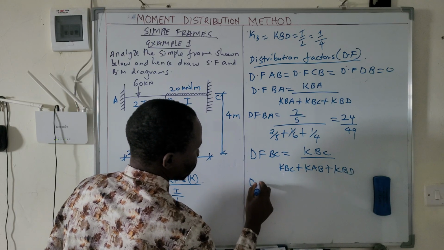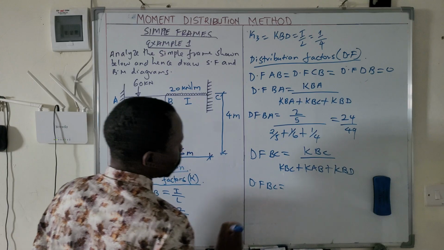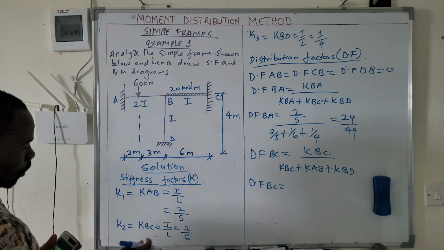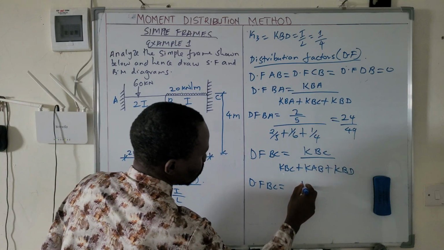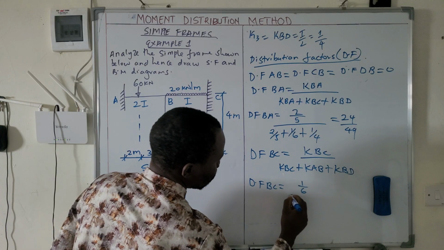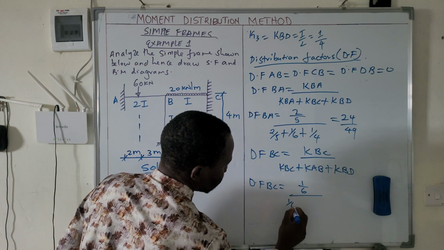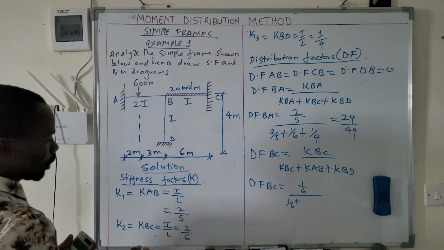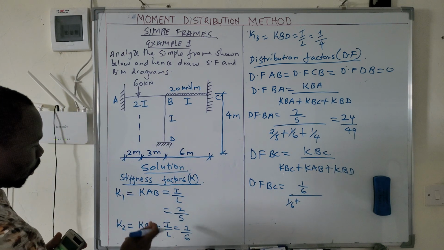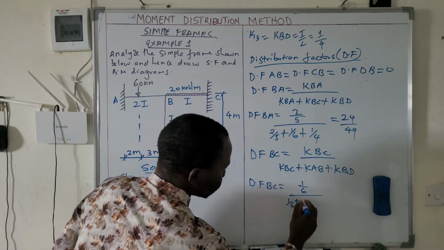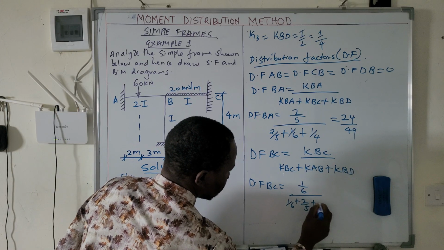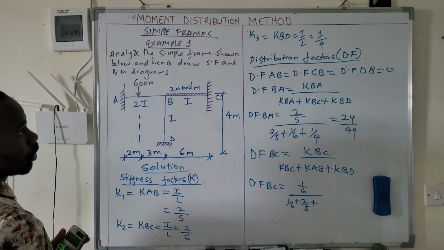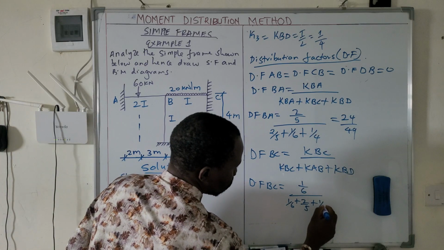So DF BC is equal to KBC is 1 over 6, over 1 over 6 plus KAB 2 over 5 plus KBD 1 over 4.